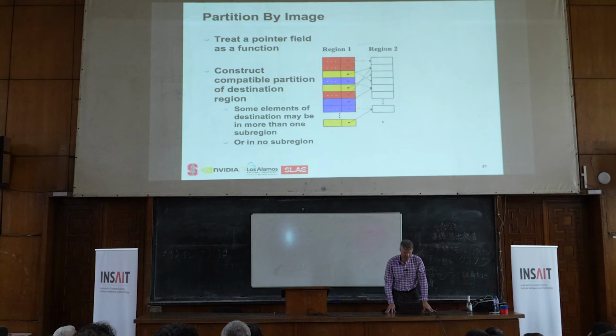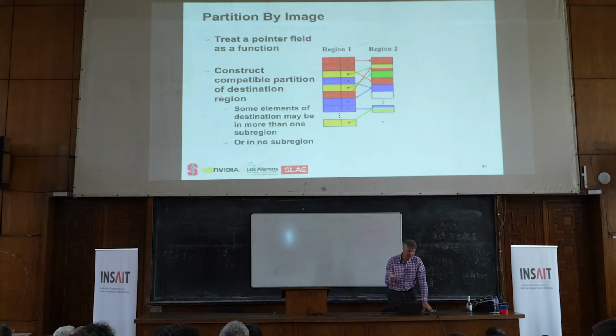And so what partition by image means is we're going to treat region 1 as a function from elements of region 1 to region 2. And so this pointer field will just kind of inherit the color of the element, and then we're going to color the elements of region 2 as the same color as their source. And that defines a partitioning of the second region.